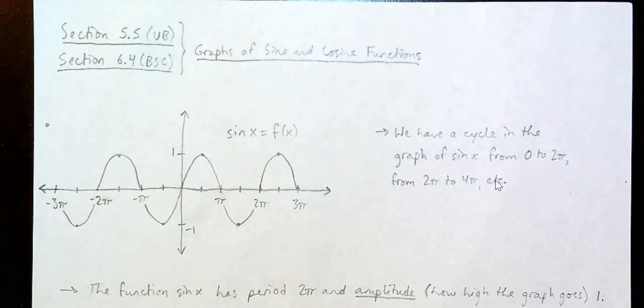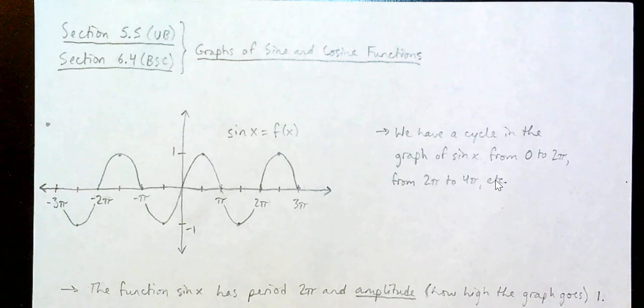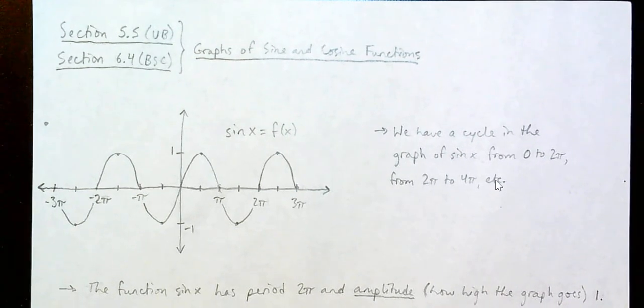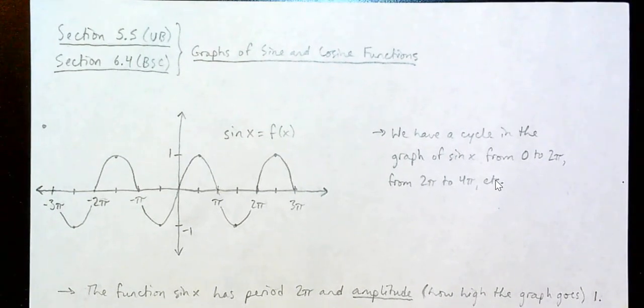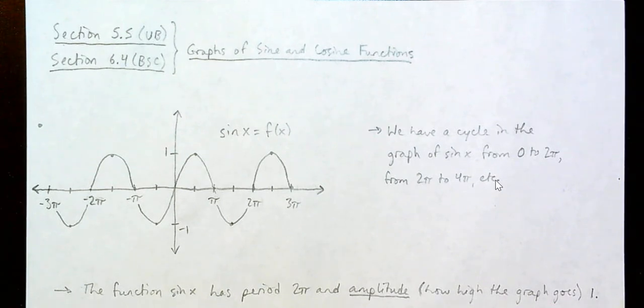If you think about the sine function as the vertical distance up and down, specifically the y-coordinate of a point on the circle of radius 1, as you move counterclockwise on that circle, you start at the point 1, 0. You're going up to 0, 1.